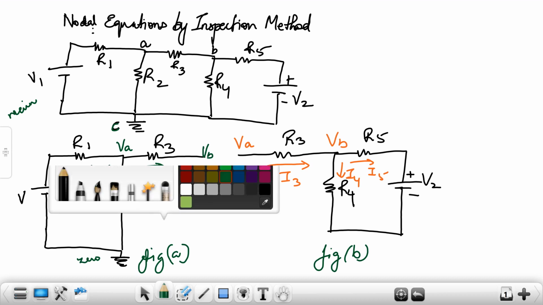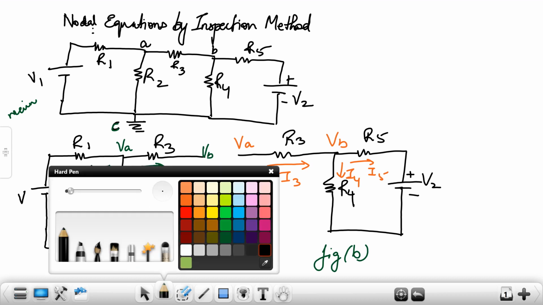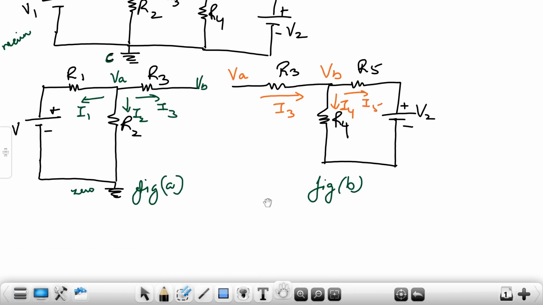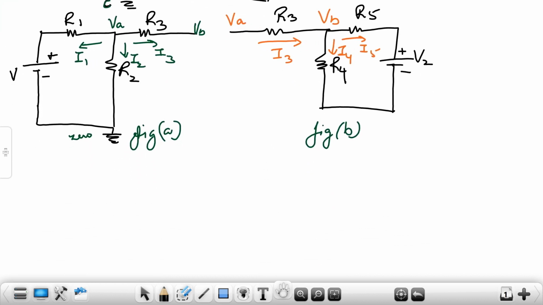So we can actually write down the equations. Let's start with the equations. Sum of currents is equal to 0 from figure A. So according to KCL, I1 plus I2 plus I3 is equal to 0.